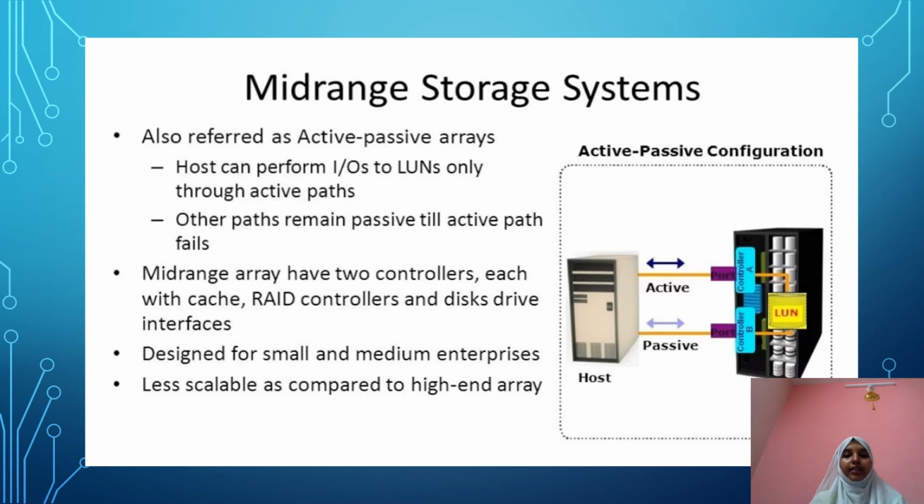The other path remains passive until the active one fails. Mid-range arrays have two controllers, each with a cache, RAID controllers, and disk drive interfaces. They are designed for small and medium enterprises and are less scalable compared to high-end arrays.